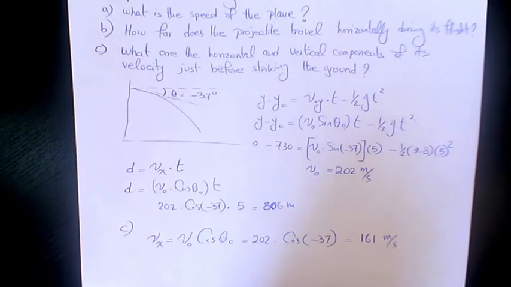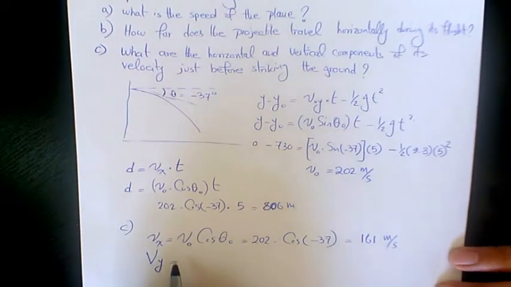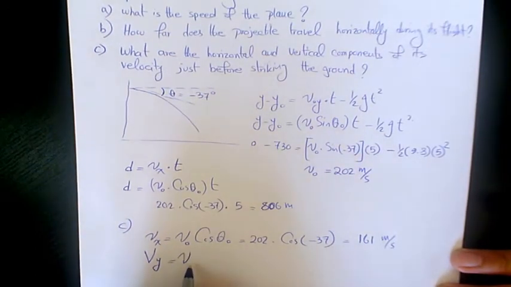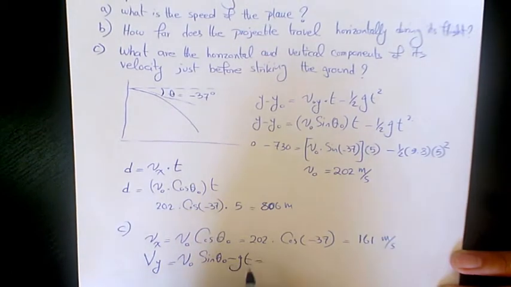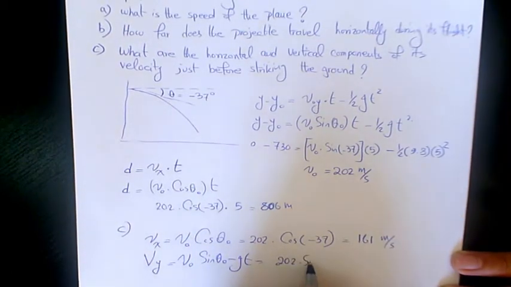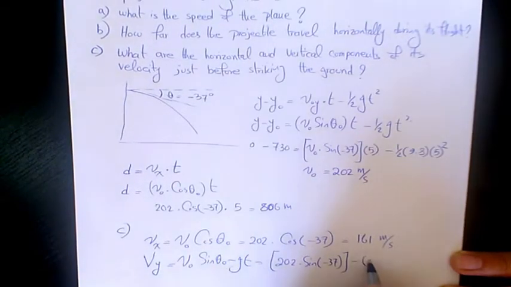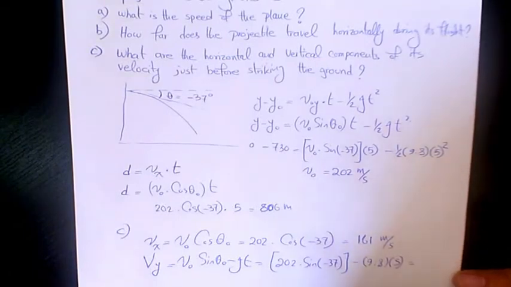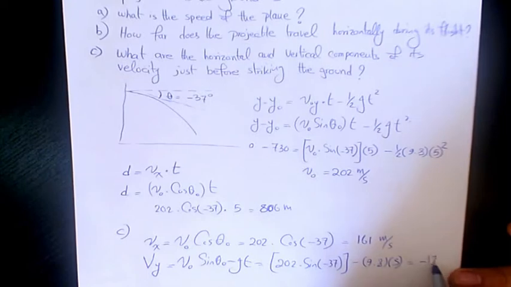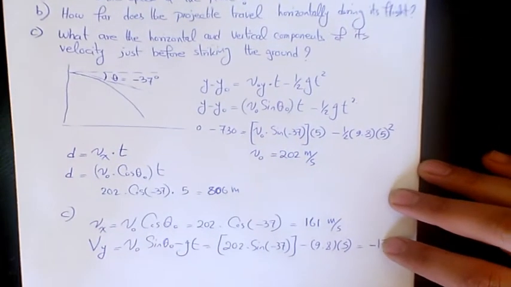And the vertical component is Vy equals Vy naught, which is V naught sine theta naught, minus gt. So we have 202 times sine negative 37 minus 9.8 times 5, which will be negative 171 meters per second.